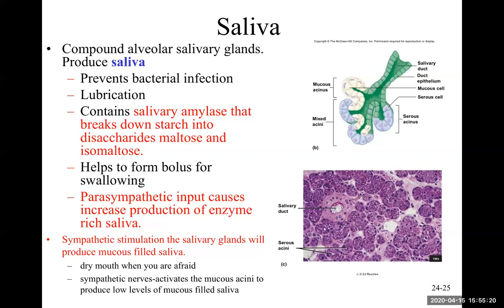And with football players, their helmets have little tubes around them, and the spit gets stuck in the tubes and just hangs there, kind of gross. And why? Because instead of this watery saliva that just flows right out, it's this thicker, more mucus-filled saliva that's produced when you have sympathetic stimulation.